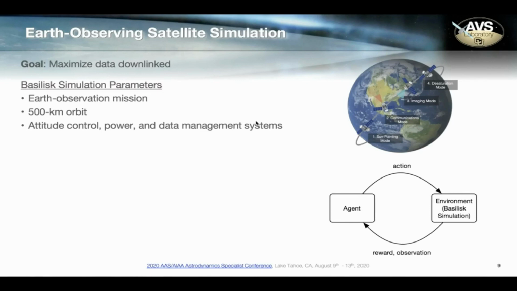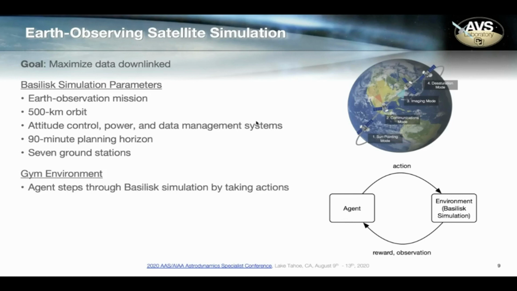And the data management system includes an onboard storage system, a transmitter, and an instrument that can generate data. We execute this on 90-minute planning horizons, mostly due to computational limitations, and we downlink data to 7 different ground stations around the Earth.